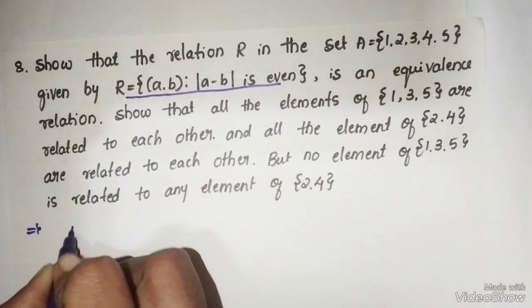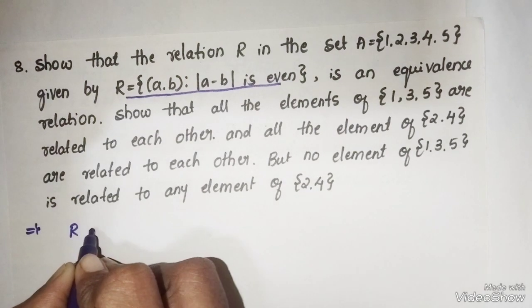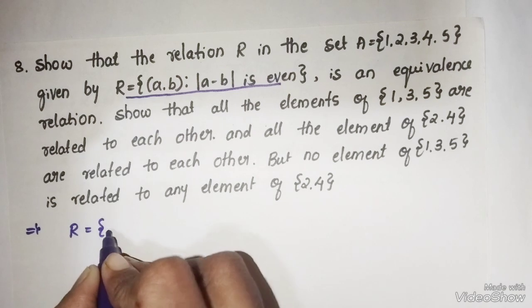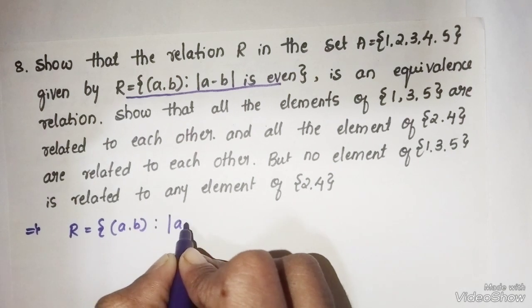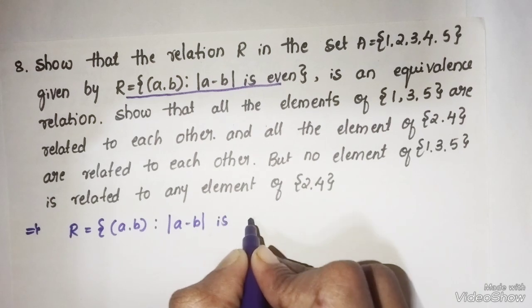The first one is the reflexive condition. We consider the relation (a, b) such that a minus b is even.